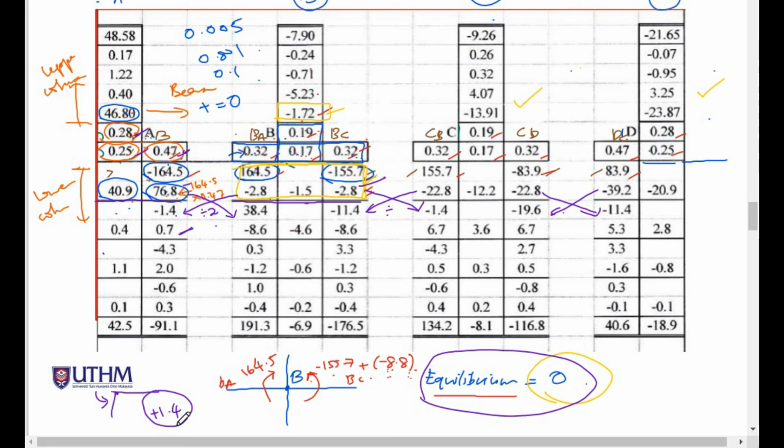Okay, 1.4 multiplied by 0.25 is equal to 0.4. 1.4 multiplied by 0.28 is equal to 0.4. And this value plus this value plus this value should equal 0. Okay, clear? So the same process goes to joint B, joint C and joint D.